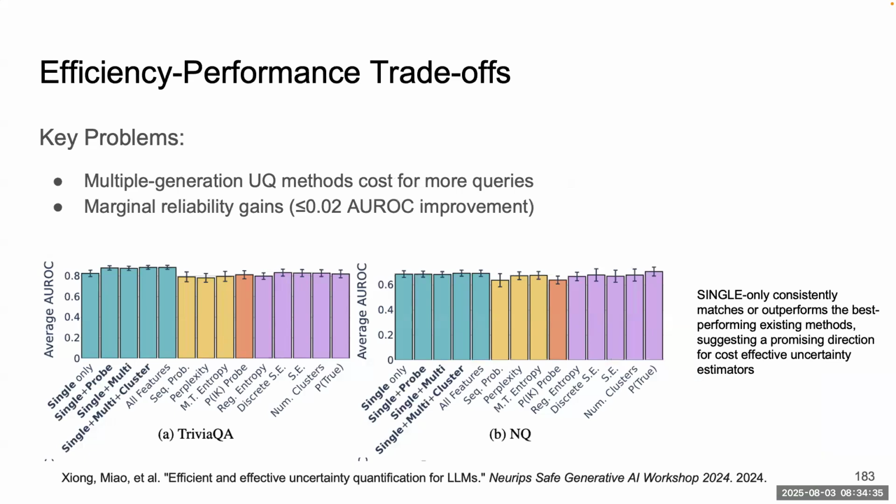They find that a lot of the methods have marginal gains on the reliability in AUROC, and a single-generation consistency matches or outperforms multiple rounds of generation. So maybe it's a good choice to just use one single round with a white-box setting, rather than a black-box setting where you sample multiple times.